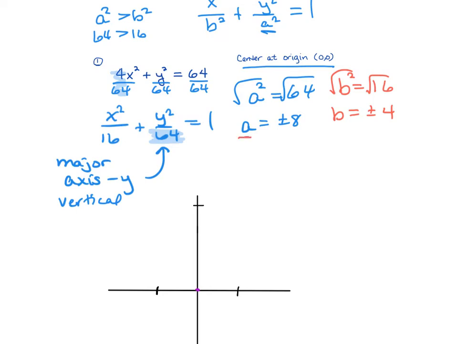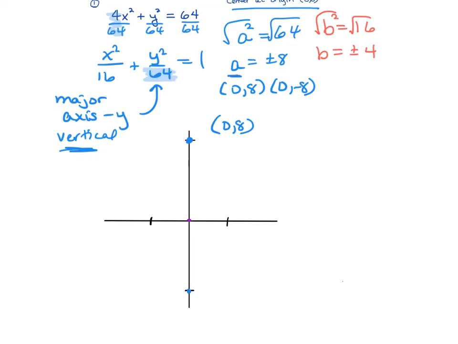Again, vertices come from a, so I'm going to create my vertices. It's going to be the ordered pair 0, 8 and 0, -8, because remember your major axis is vertical. So I'm adding this a value to the y of my vertex. So right here, this is going to be 0, 8. Down here, 0, -8. And these are the vertices.